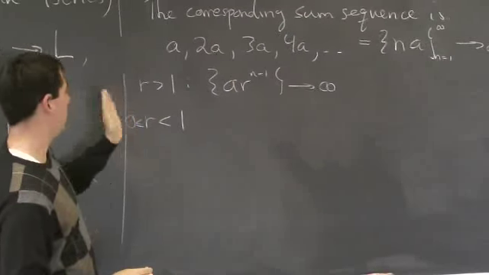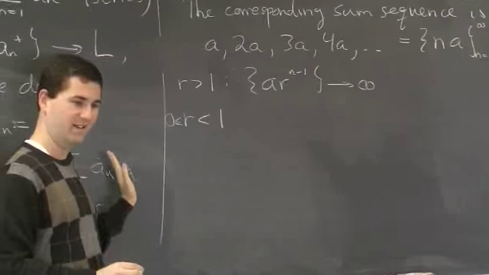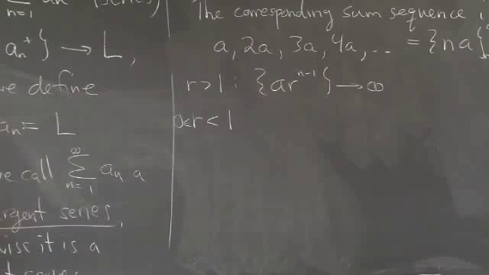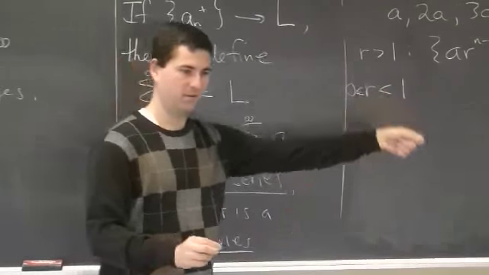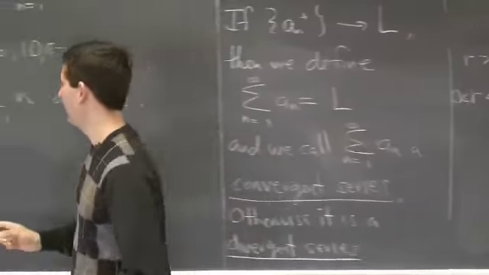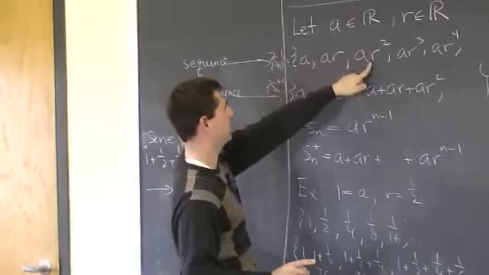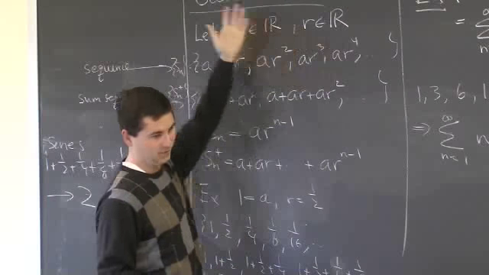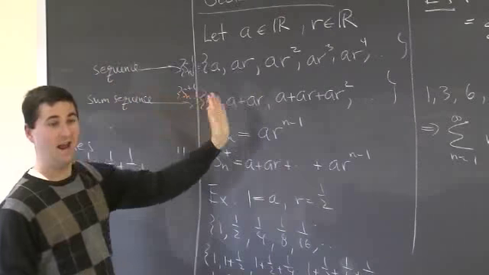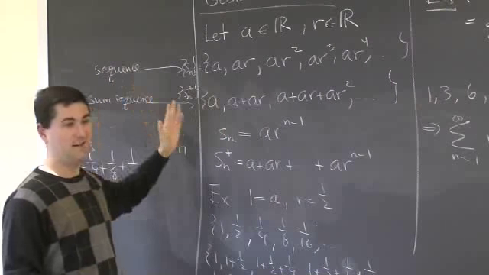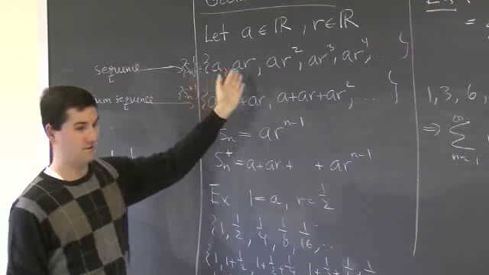Well, if r is 0, of course, there's really no problem, because then you're getting a, 0, 0, 0, 0, 0. If r is 0, then all these terms after a just become 0. So then the whole sequence is a, 0, 0, 0. The sum sequence is a. So the series is just a.